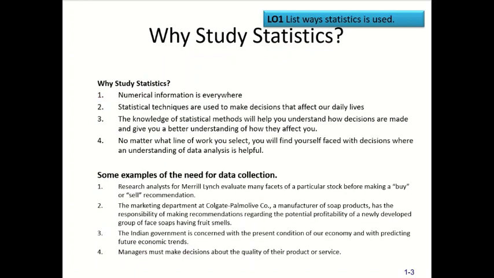To begin with, let us try to understand why we need to study statistics or why it is important. As we can see, numbers are used almost everywhere they exist.